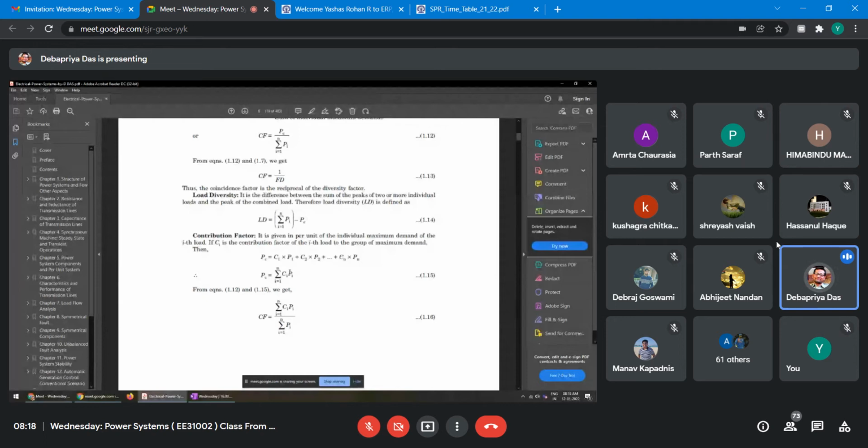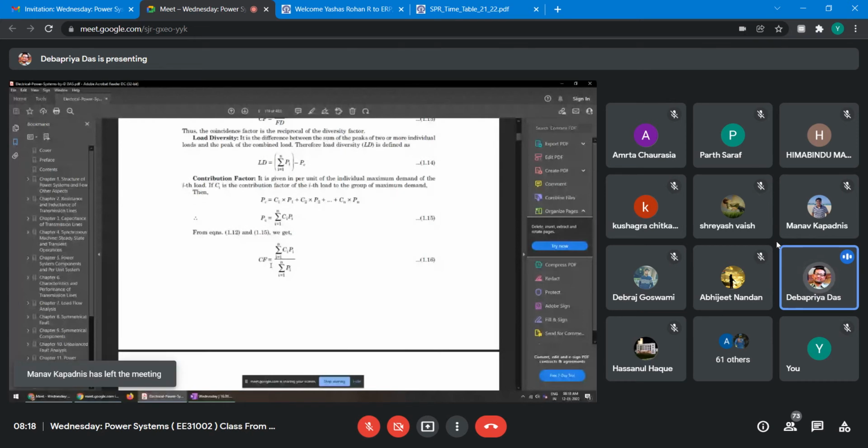Therefore Pc is the sum for i equal to 1 to n of Ci Pi. This is the maximum coincident demand. And from equations 12 and 15, if you substitute, then Cf, the contribution factor, will be the sum for i equal to 1 to n of Ci Pi upon the sum for i equal to 1 to n of Pi. These are very simple, actually. So this is called the contribution factor.